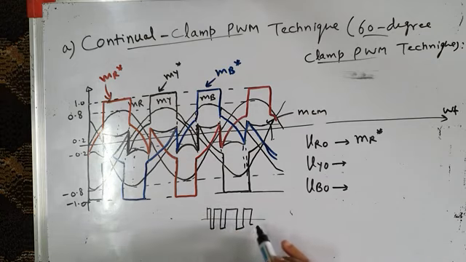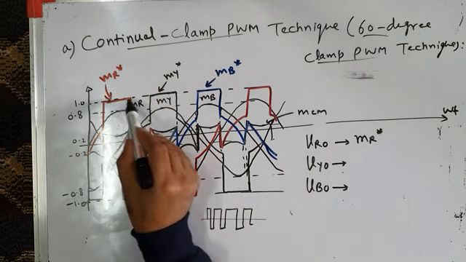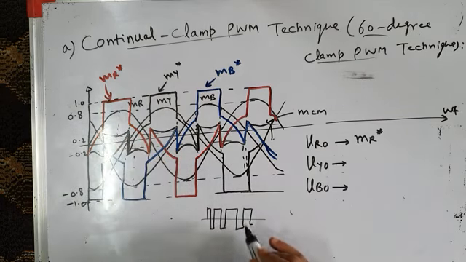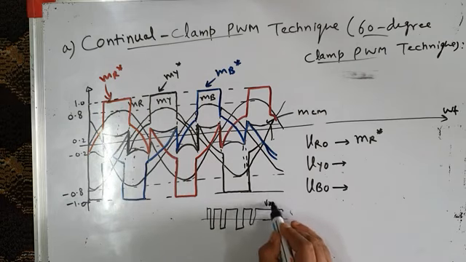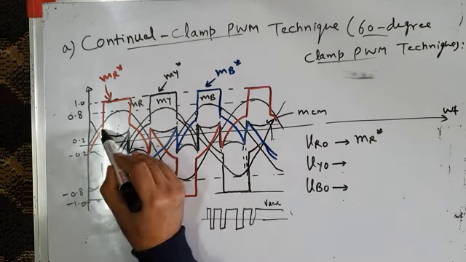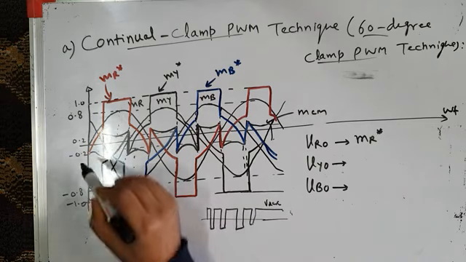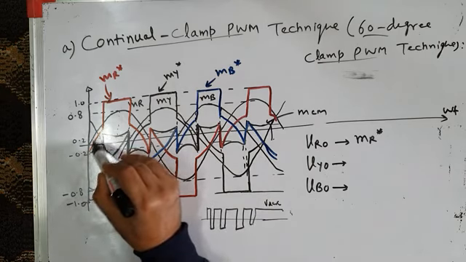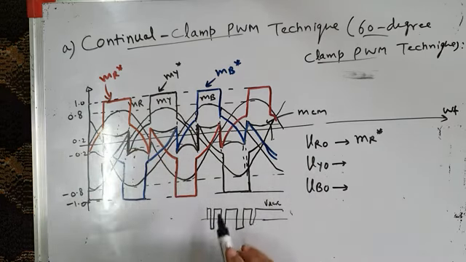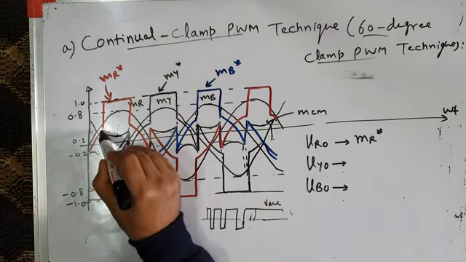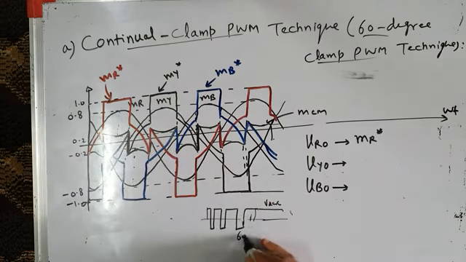It is positive, negative, and then near this from 60 degrees to 120 degrees, this pole voltage will be clamped to positive DC bus. It will be VDC by 2. From this instant to this instant, it will be switching. Phase leg R will be switching. It will give pole voltage VRO plus VDC by 2, minus VDC by 2, plus VDC by 2, minus VDC by 2, and so on. And then from 60 degrees to 120 degrees, this is the 60 degree instant and this is the 120 degree instant.